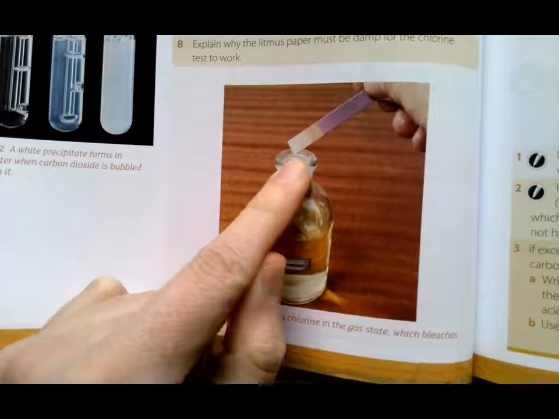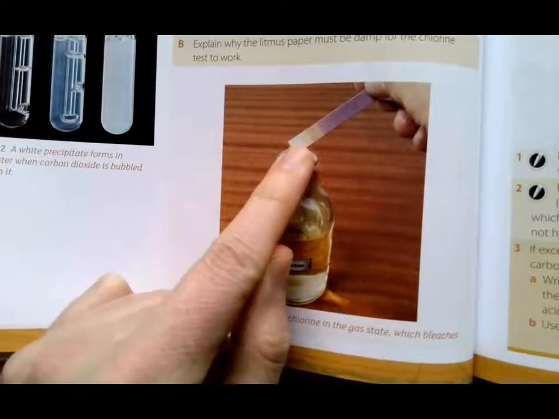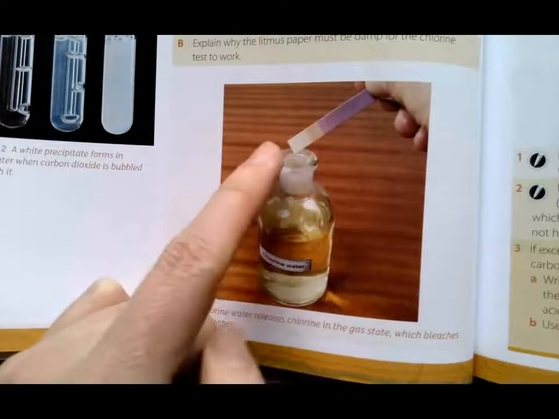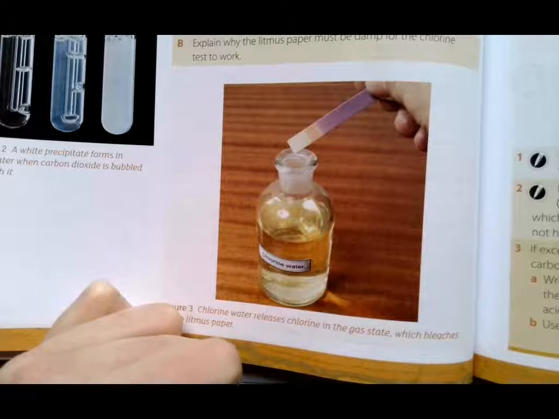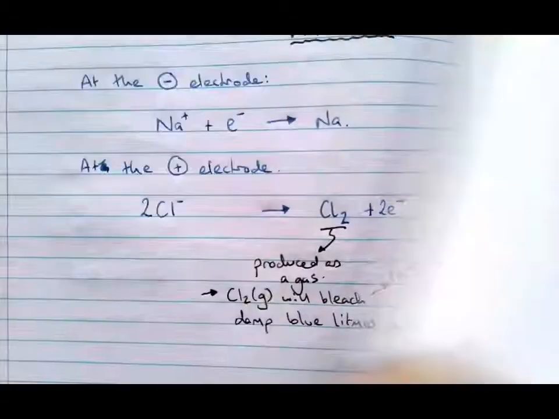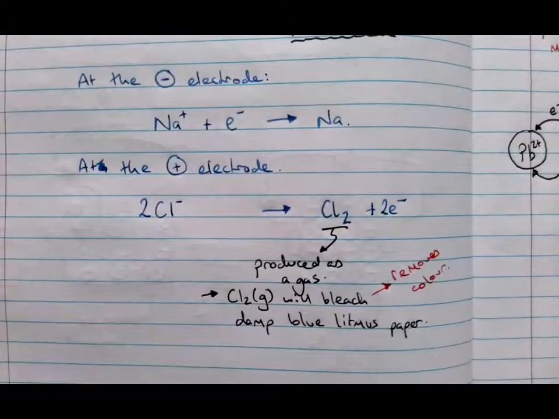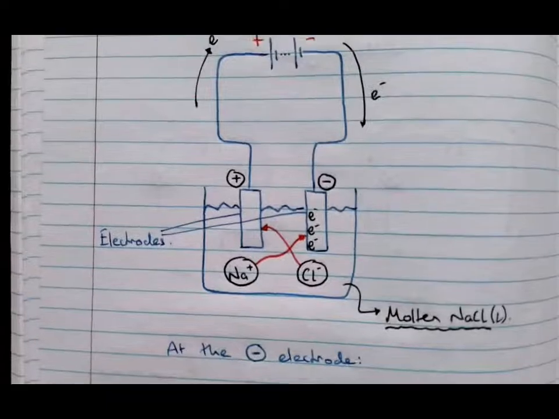So what that means is, if you were doing this electrolysis experiment, we will do this electrolysis experiment, not this exact one, we'll do it in a slightly different way.